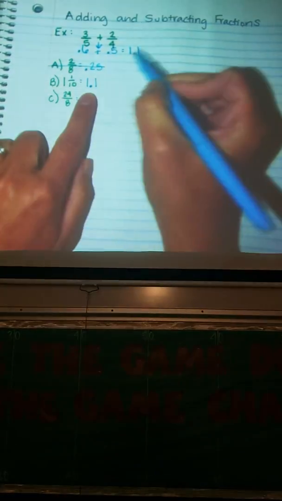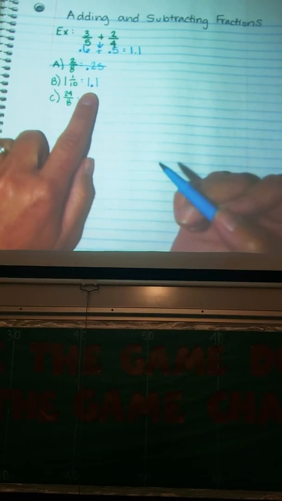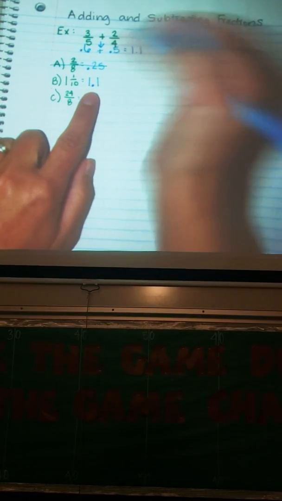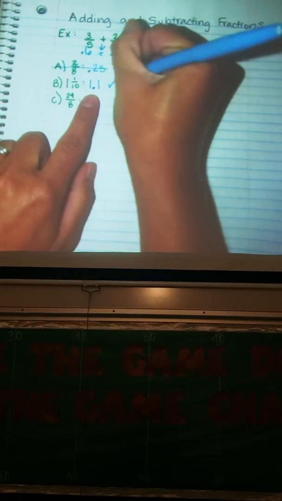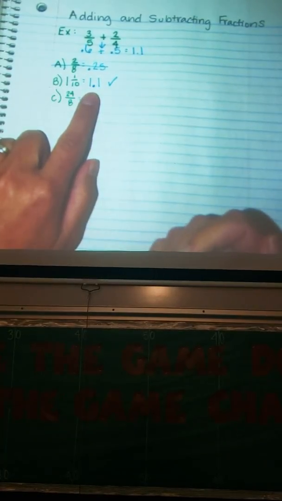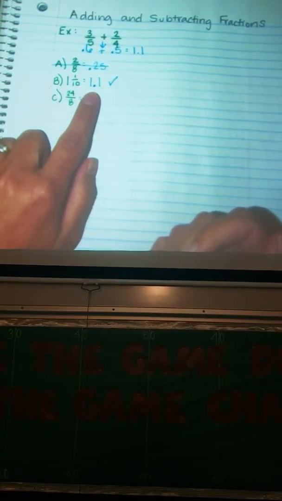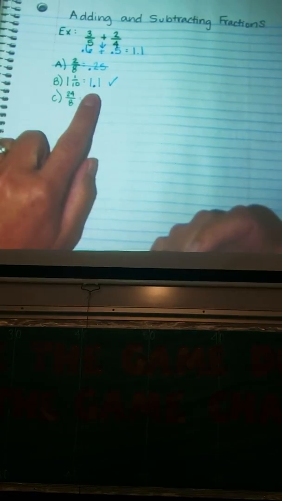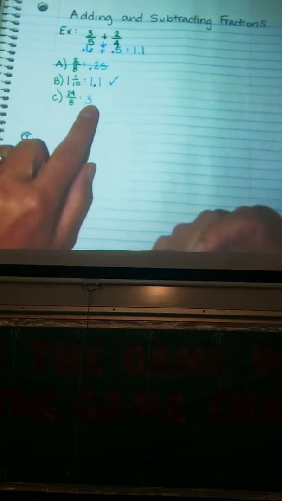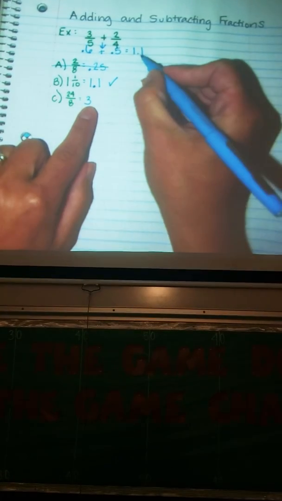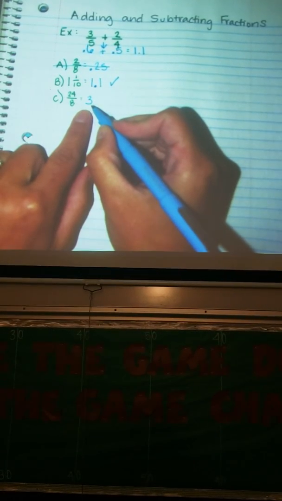1.1, 1.1, are those the same? Last time I checked, a 1.1 was the same as a 1.1. But I'm gonna go ahead and look at my next answer just in case, because it never hurts to rule it out. Is 1.1 the same as 3?